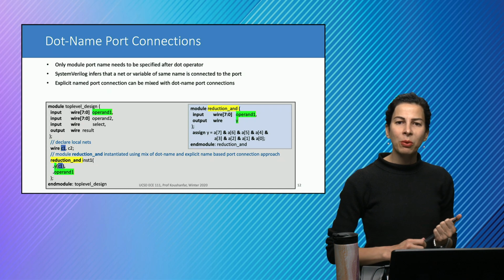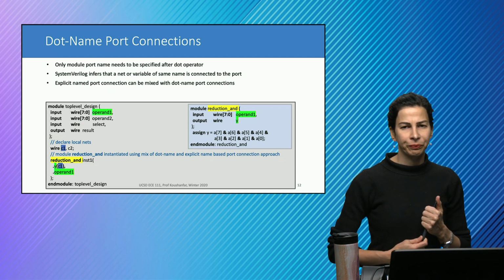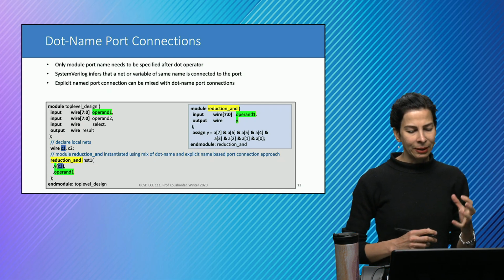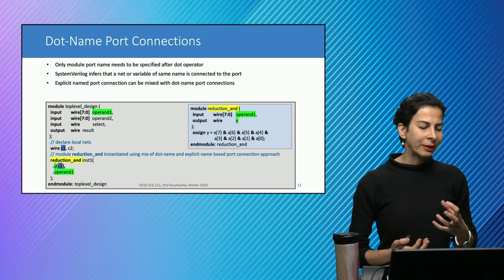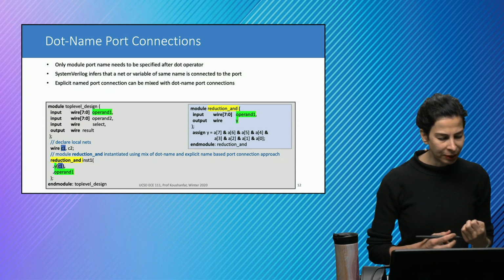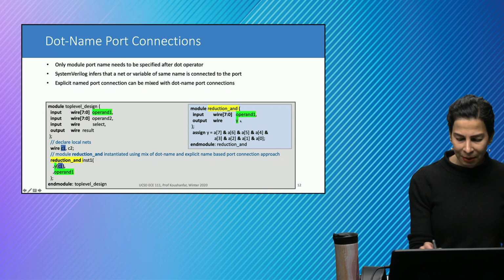The .name port connection could also be done by not having explicit names but having implicit names. In this particular case, we say .operand1, which means that these two have the same name.